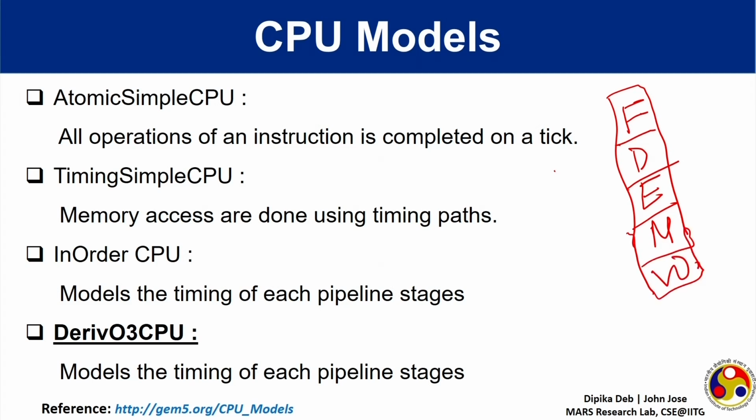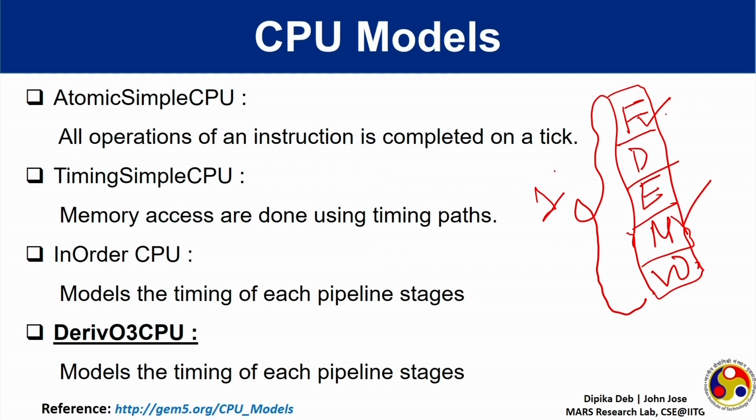The only difference between atomic simple CPU and timing simple CPU is that for an atomic simple CPU, all the operations related to an instruction are completed within a single cycle tick. On the other hand, in timing simple CPU, the timing behavior of memory accesses is taken care of. That is, the memory is accessed in the fetch stage and in the memory stage.